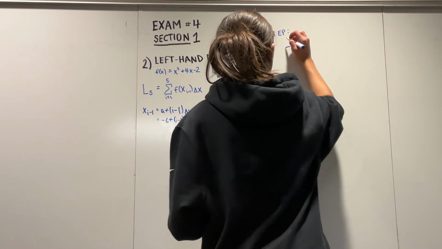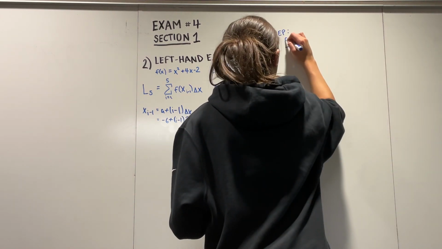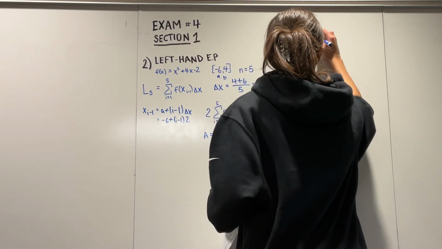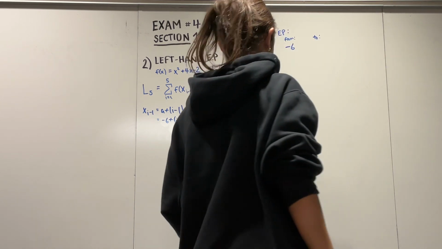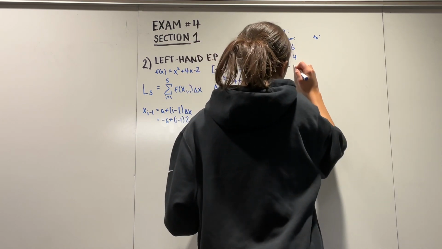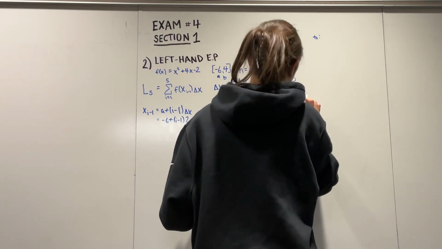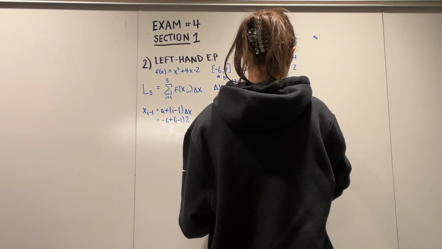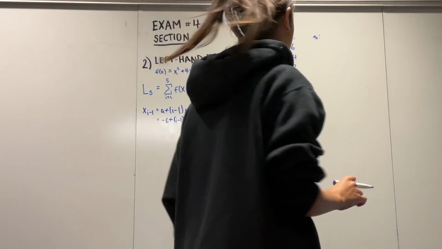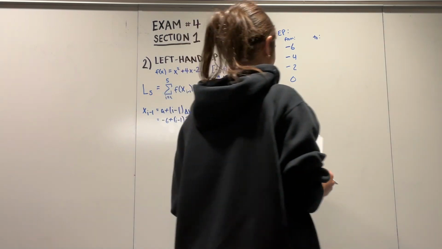So this is also the from. And then it's going to go plus 2, so -4, -2, 0, 2, and then it'll be stopped here. We won't do 4 because it's a left-hand endpoint and not a right-hand approximation.